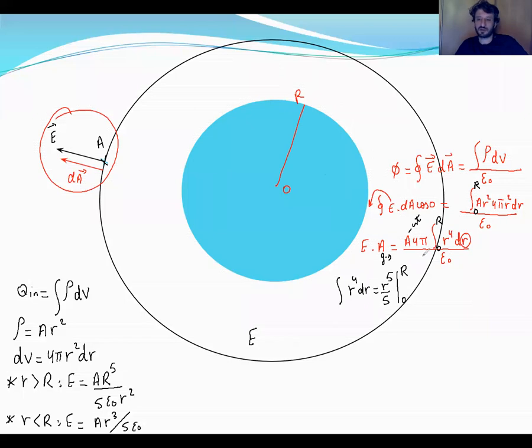Here rho equals a, where a is a constant. It's not the area, but this a is the area. You know, the area of the Gaussian surface equals 4 pi r squared.